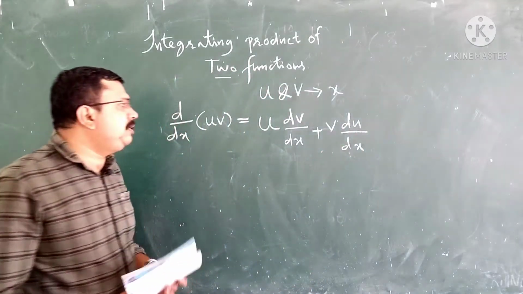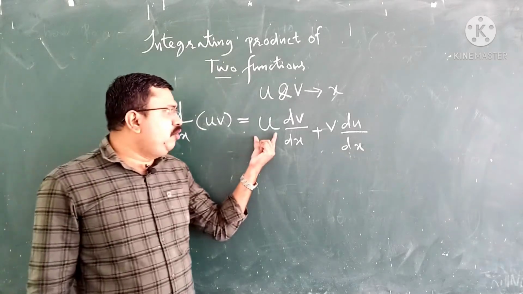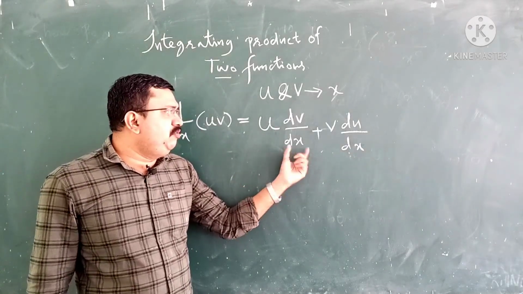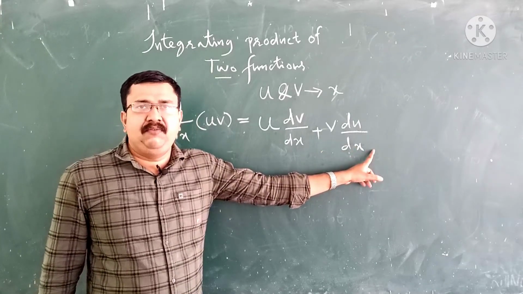Okay, we are applying the product rule. Remember that d by dx of uv is equal to first function into derivative of second plus second function into derivative of first.